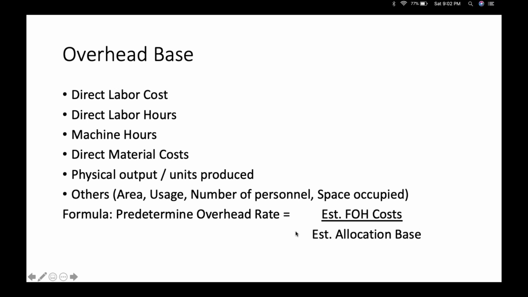So in this slide, as you can see, you can use other bases like labor cost, labor hours, machine hours, material cost, and other bases like physical output or units produced. You just simply replace the estimated allocation base.